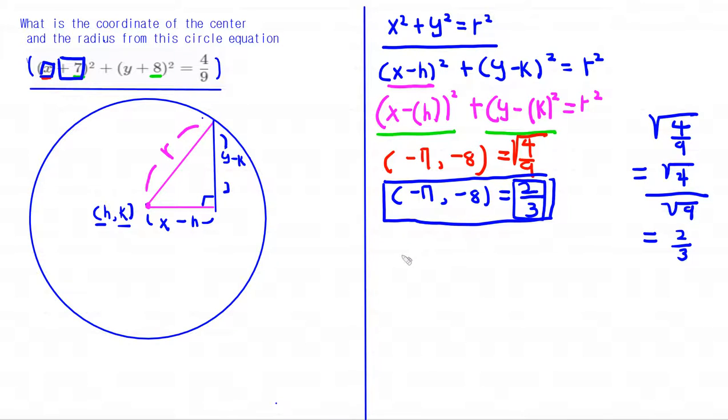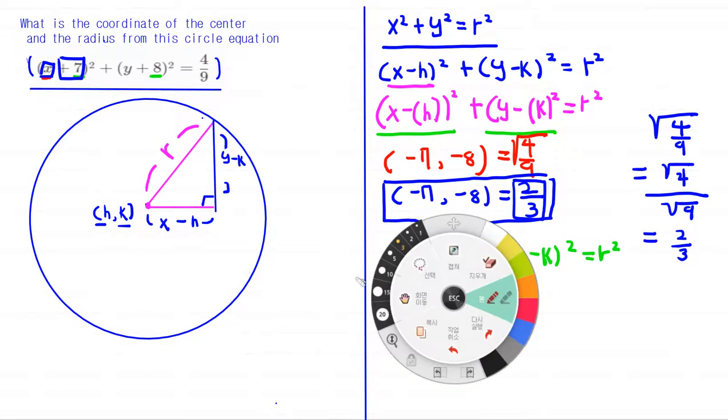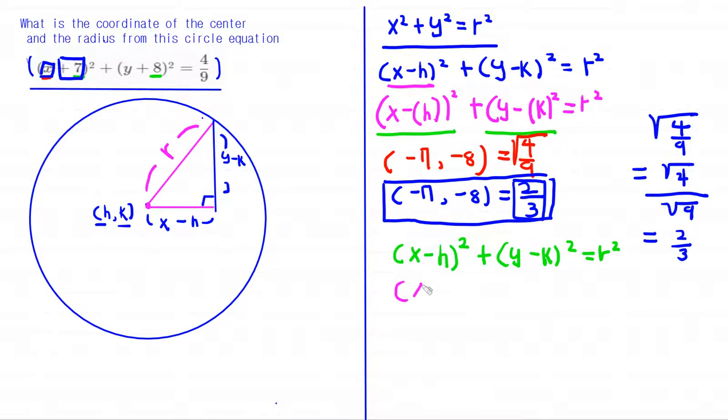If I simplify this equation, I'll show you the process. The original equation was x minus h squared plus y minus k squared is equal to r squared. And we figure out that it is x plus 7 squared plus y plus 8 squared is equal to 4 over 9.